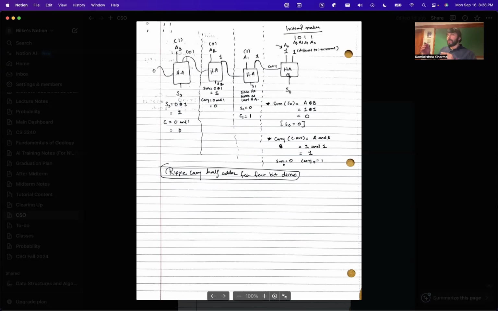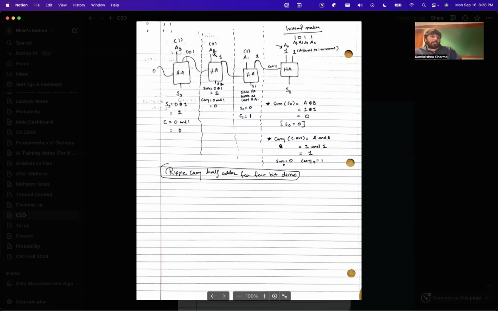If you were adding 1 and 1 in column-wise format, you would get 0 and carry 1. So your carry would in fact be 1, and you feed that carry into another half adder. That becomes an A, and your B is the next number in line. So you're actually doing 1 plus 1 again: you have a sum of 0 and carry 1. You do that again.